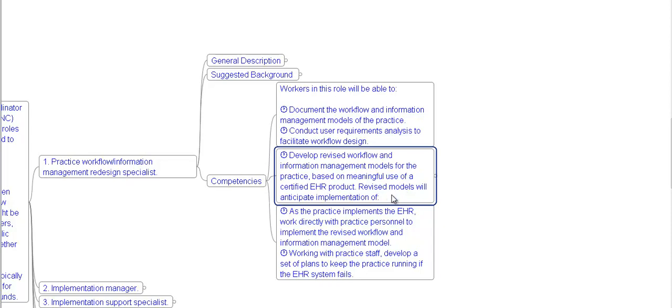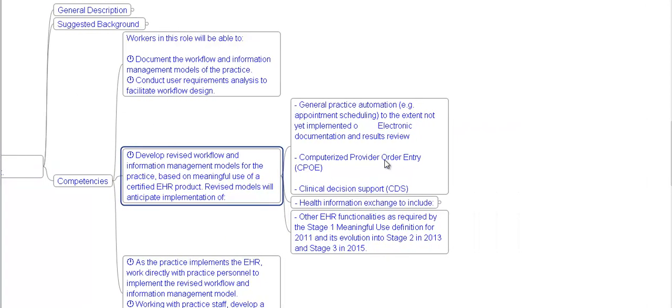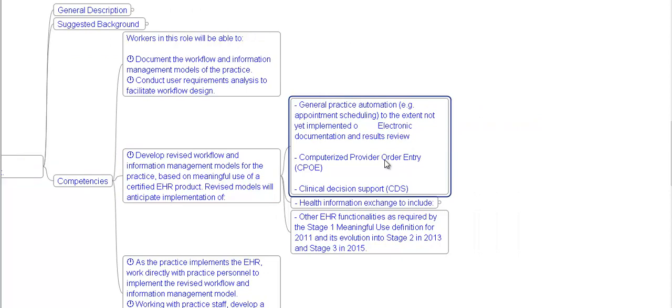Revised models will anticipate implementation of general practice automation, for example appointment scheduling, to the extent not yet implemented, electronic documentation and result review, computerized provider order entry, and clinical decision support systems (CDS).